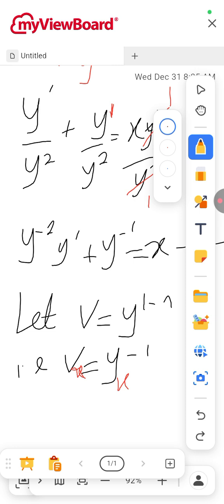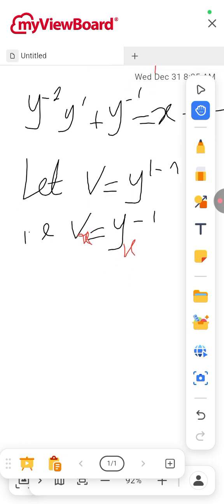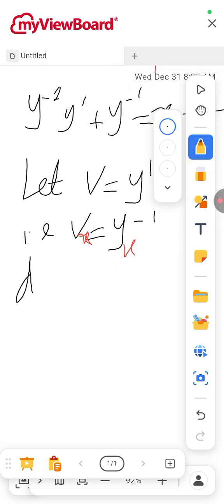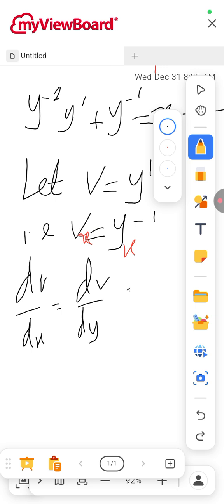Which means that my dv dx, using that chain rule formula, is dv dy multiplied by dy dx. So this is the chain rule formula. That's what I will use, and that's what you use as well for any question given to you. When you get to this stage, you have to use the chain rule. Using the chain rule is quite easy.